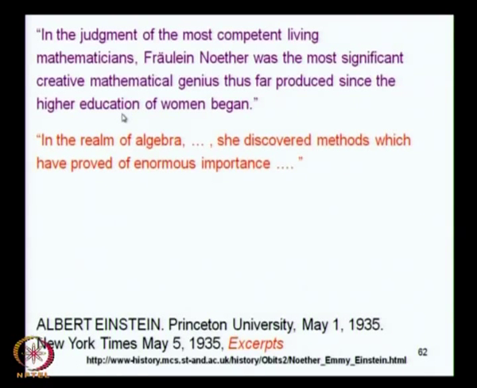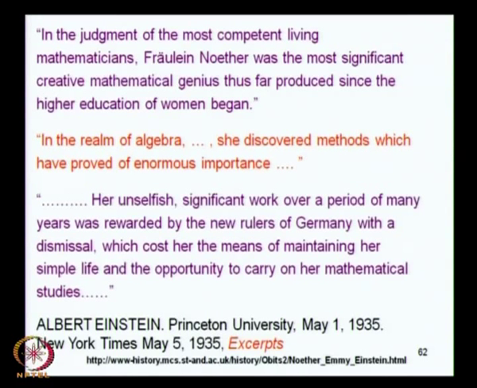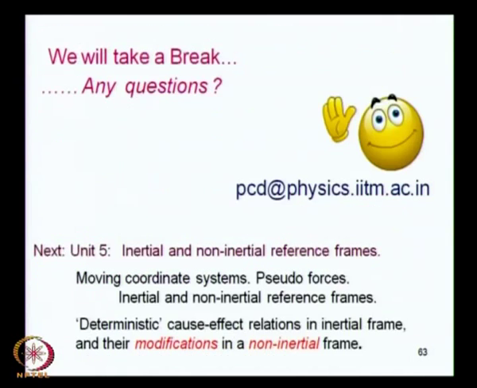In the realm of algebra, she discovered methods which have proved to be of enormous importance. Her unselfish, significant work over a period of many years was rewarded by the new rulers of Germany with a dismissal, which cost her the means of maintaining her simple life and the opportunity to carry on her mathematical studies. So she went through a lot of injustice in Germany at her time.